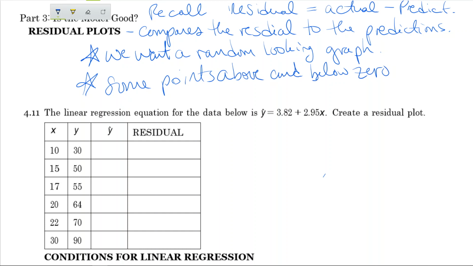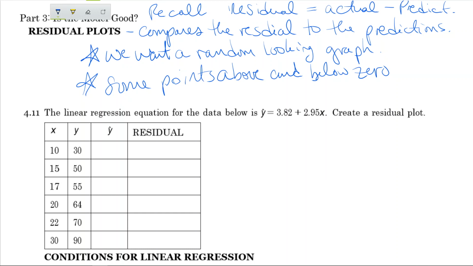You want to see a good balance, because a good balance means my error is evened out, and I don't have a ton of error in one spot where I'm really doing badly. So I want to start off with figuring out the residual for a bunch of points.